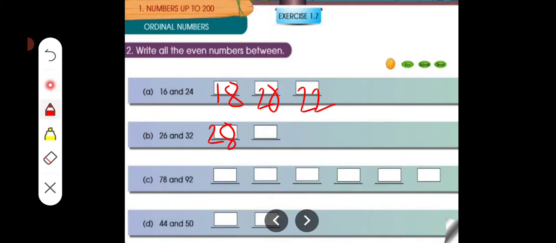After that, 29 and 30. 27 and 28 both are a pair, 29 and 30 both are a pair, here 31 and 32 is a pair. Like this you have to write here. Okay children, now we shall move next.